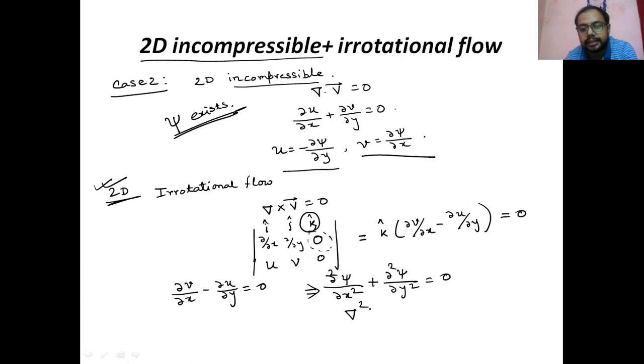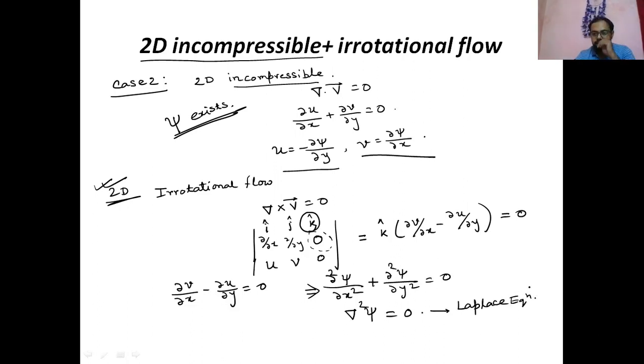You will get back the same Laplace equation for the stream function. So the velocity potential function satisfied the Laplace equation in the previous case, and here the stream function is satisfying the Laplace equation.